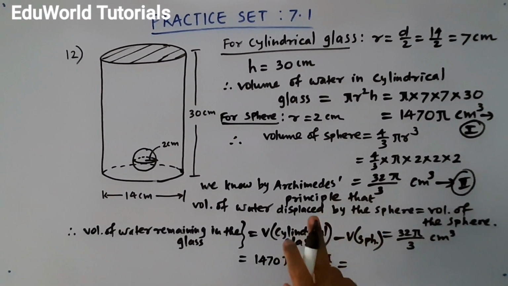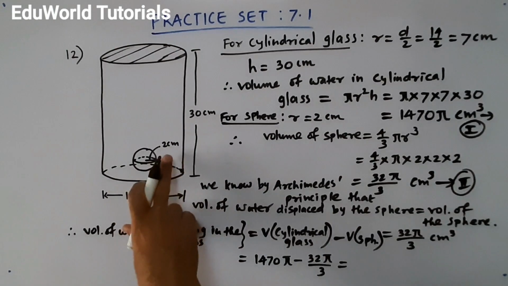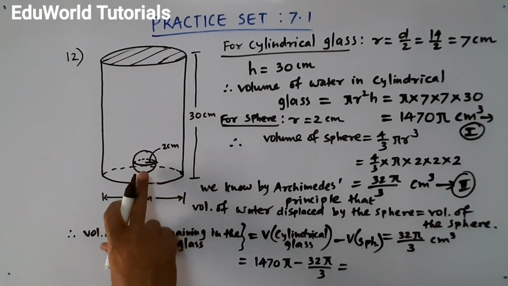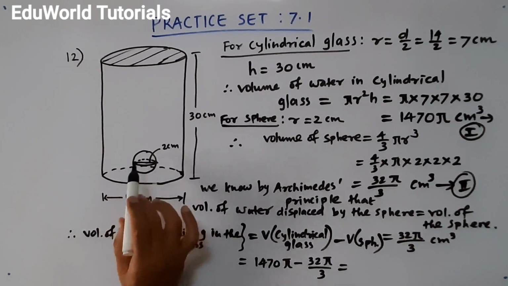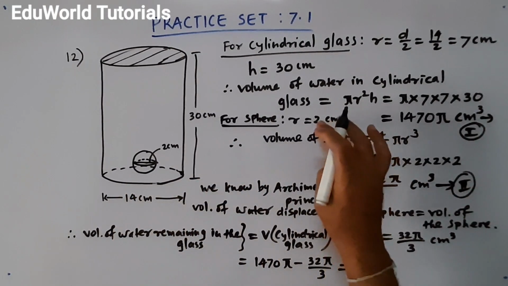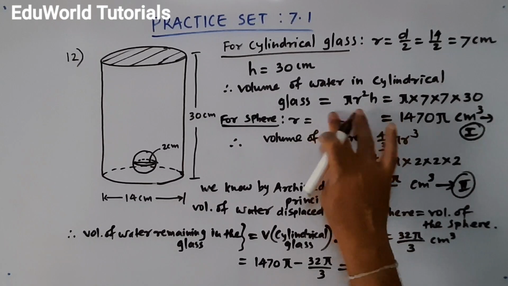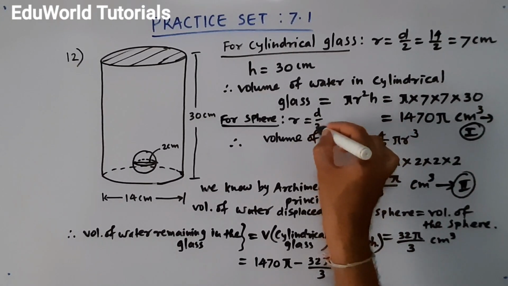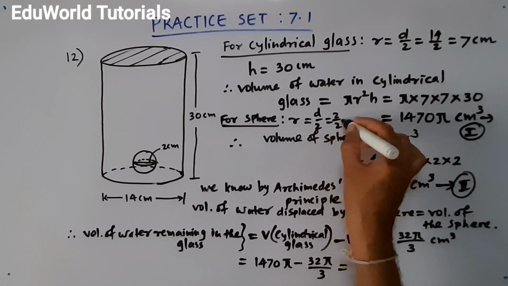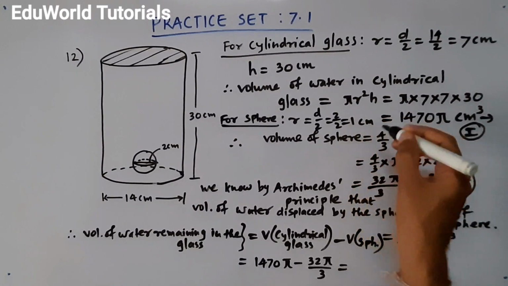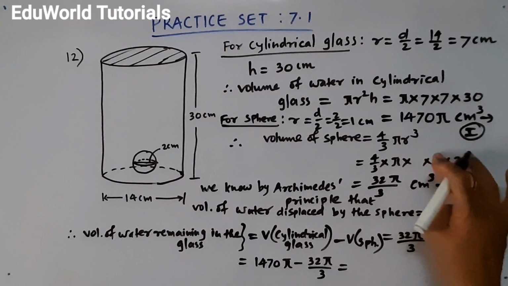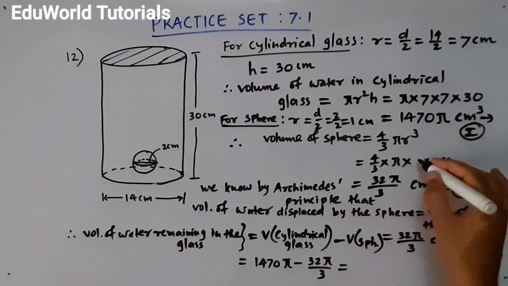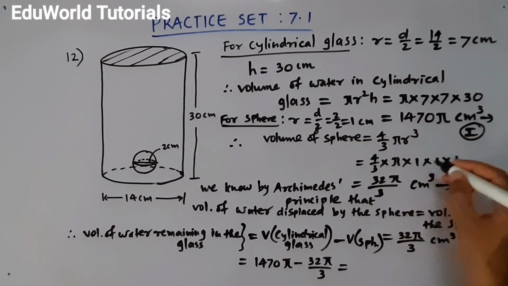Okay students, while going through the sum, I realized that 2 centimeter is not the radius, it is the diameter of the sphere. I'm sorry. So we'll have to make the change. Radius here is half of the diameter, d by 2, just 2 by 2, which is 1 centimeter. And accordingly, volume of sphere will be, radius is 1 centimeter, 1 into 1 into 1.